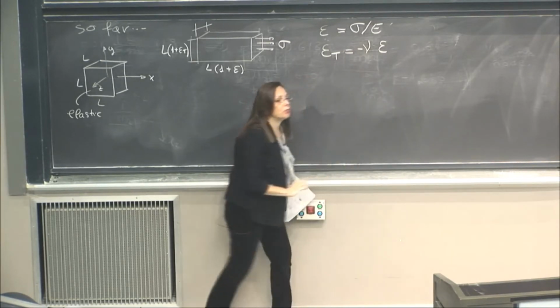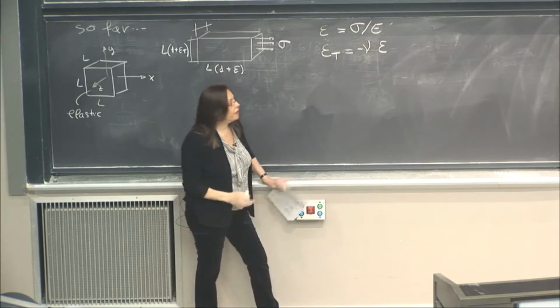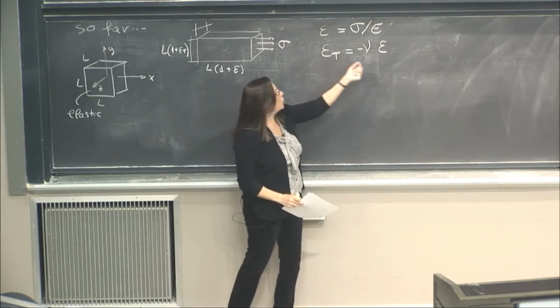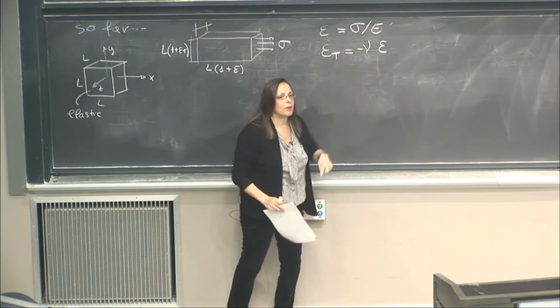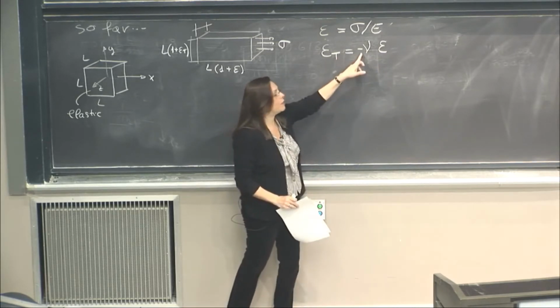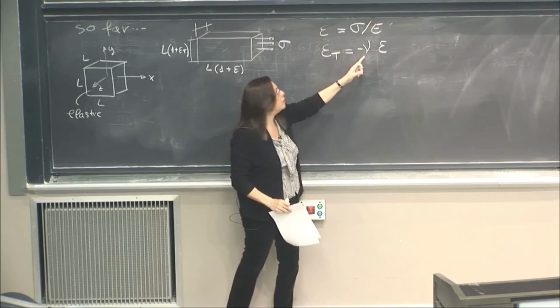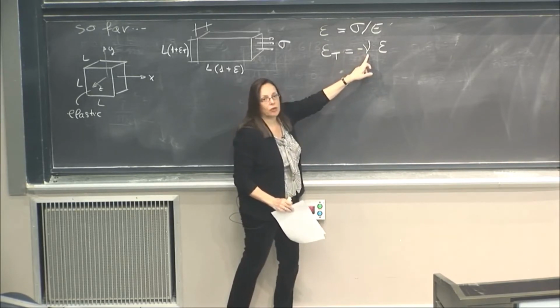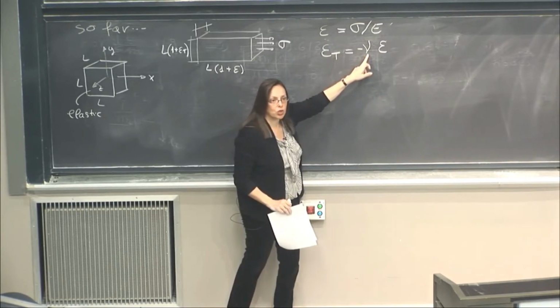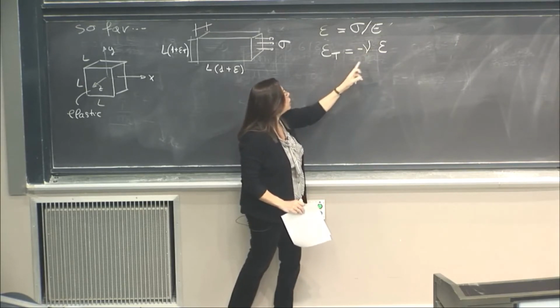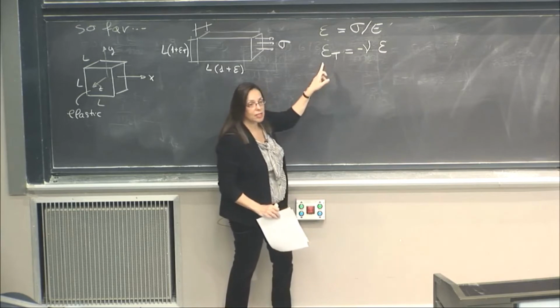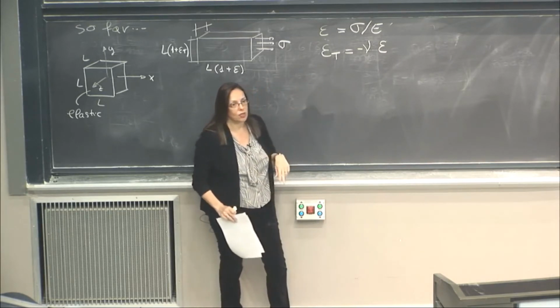Because most materials have contraction if you have extension in the axial direction, the way that you normally write this relationship is with a minus sign. That means that for most materials, you're going to have a positive Poisson's ratio. And with a positive Poisson's ratio, with a positive axial strain, you're going to have a negative transverse strain.